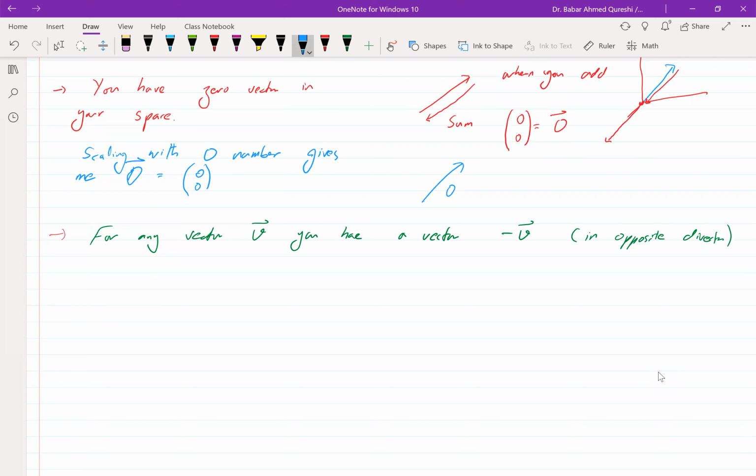And its property is that when you add these two guys, so minus v is just a symbol for this, you get the 0 vector. You come back to origin. And the property of how this guy is defined: this is defined as that vector that if I add it to any other vector, that vector does not change. That's the 0 vector.